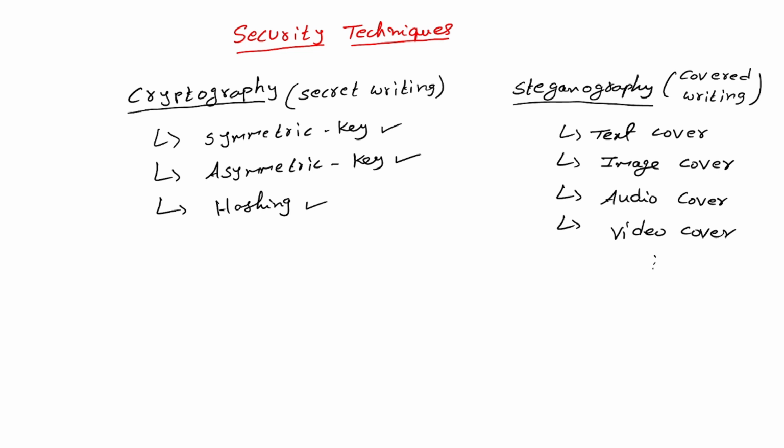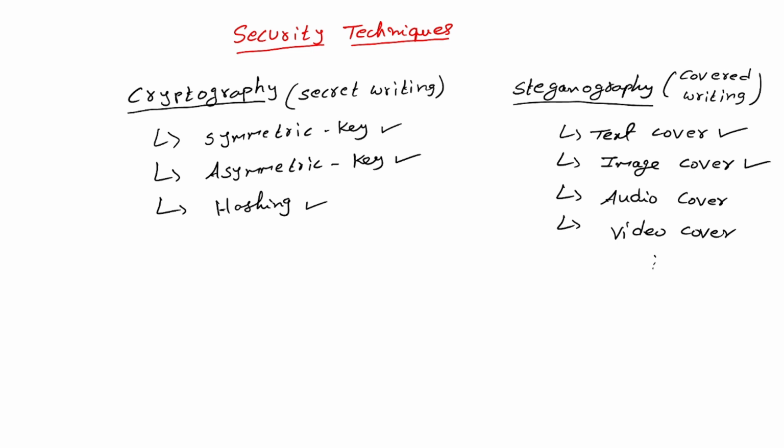In steganography, whatever message we are going to send will be embedded in text. Some random text will be selected, and using different techniques, based on spaces or the first characters of each line, we embed the secret message in the text. Image covering means we select the LSB or MSB bit. An image is a collection of pixels, and each pixel has 8 bits.